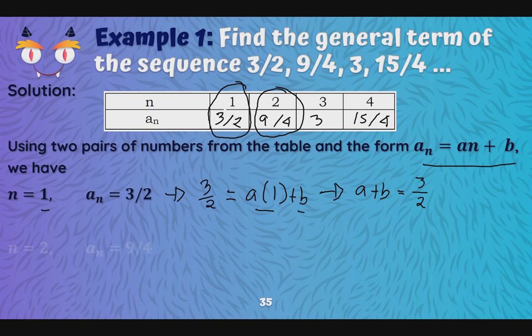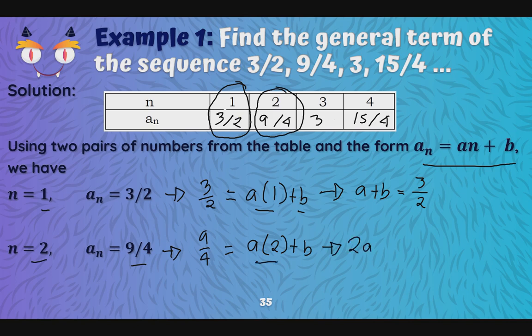Next, for the next pair, we have a sub n, 9 over 4, is equal to a times n, which is 2, plus b. We can rewrite this as a times 2 is 2a, plus b, is equal to 9 over 4. So these are the two equations that we will use.